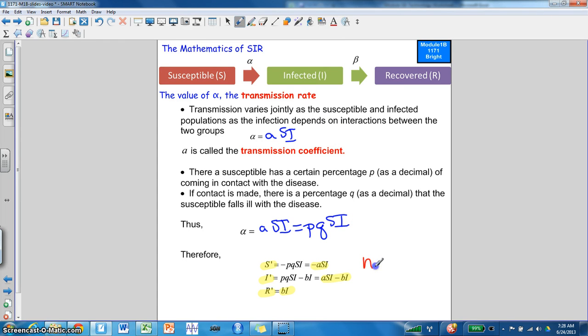Remember, a linear change would mean a constant rate of change, so it would just be, say, a or b. So that's a brief rundown of the mathematics behind the SIR model, and in the next video we will look at an example that uses the SIR model.